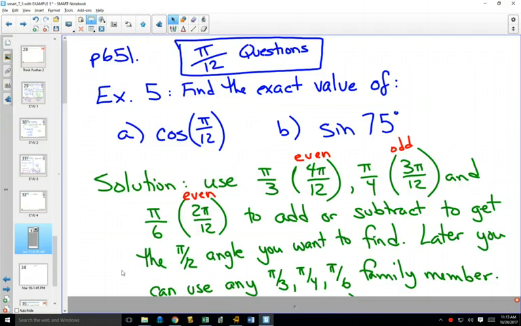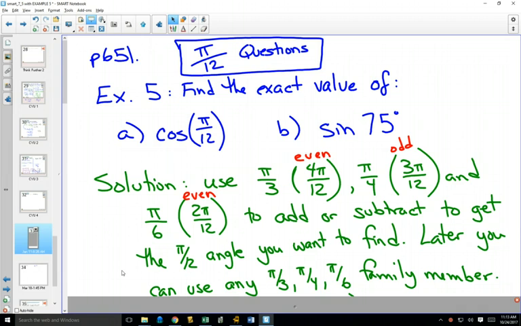Is there any other ways? Pi over 4 minus pi over 6. Because if you started with 3 pi over 12 and subtracted 2 pi over 12, you would get pi over 12. So we're going to find that there are different ways that you could get pi over 12 by adding and subtracting, and it doesn't matter which one you use to figure it out.